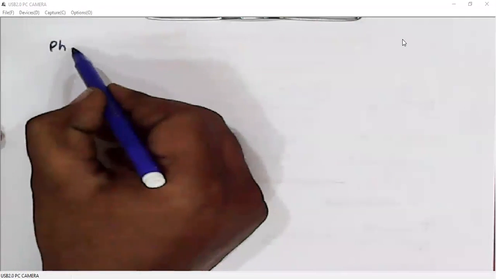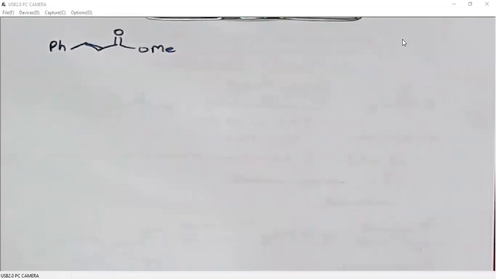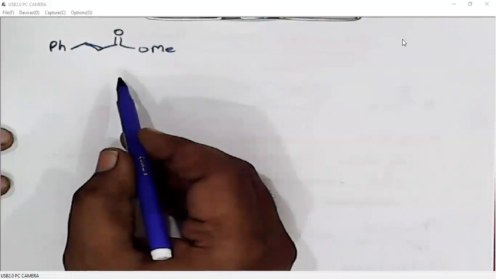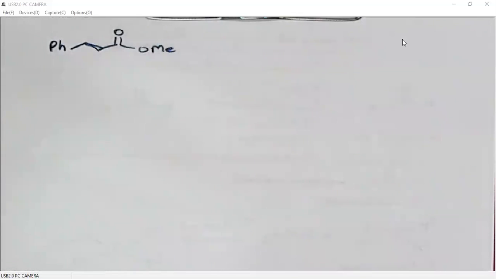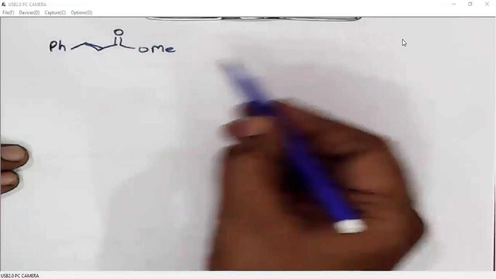Now we will see some examples of Tebbe olefination reactions. As we have discussed, Tebbe reagent is a strong metal methylidene, so it converts esters, anhydrides, amides, aromatic ketones, and of course normal aldehydes and ketones, all of the carbonyls into alkenes.